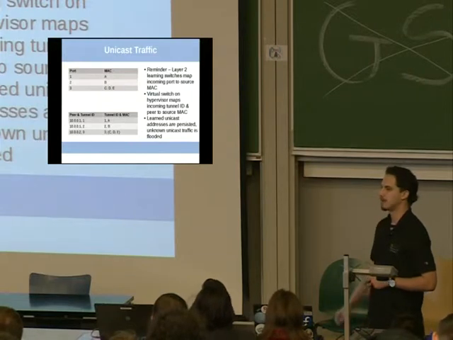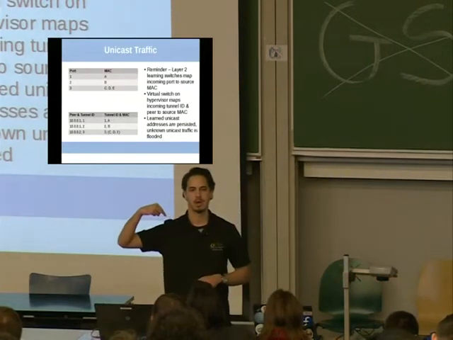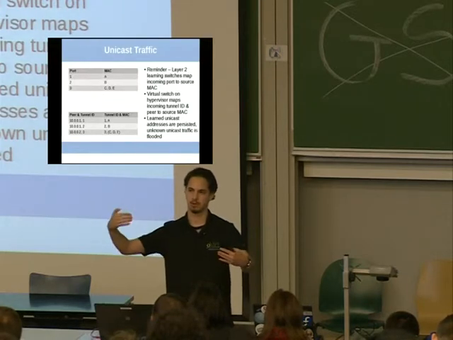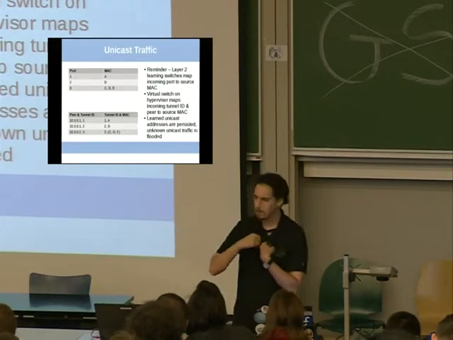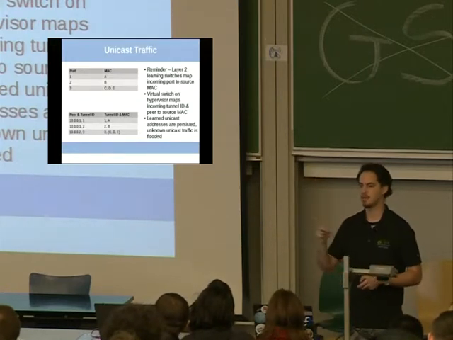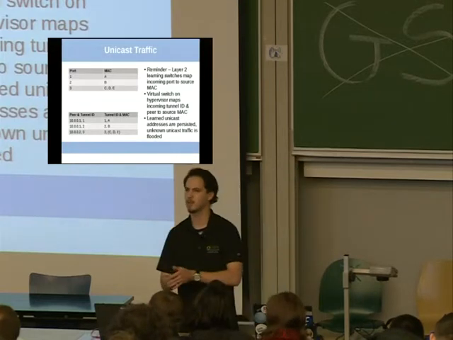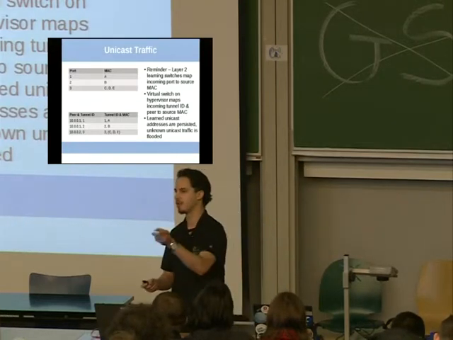Each packet as it comes in from any other compute node into my own compute node, I check what tunnel did it come in on. Was it the first tunnel, the second tunnel? Because I have a tunnel to each other compute node.